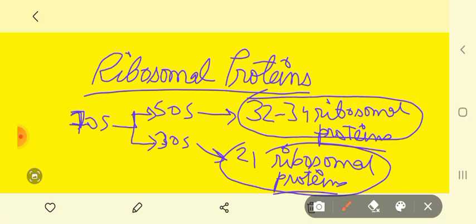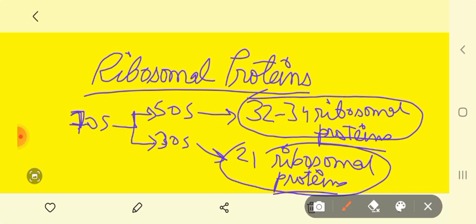Most of the ribosomal subunits can be separated into their component rRNA and protein molecules. We know the structure of protein molecules and rRNA, which has been described by many scientists.